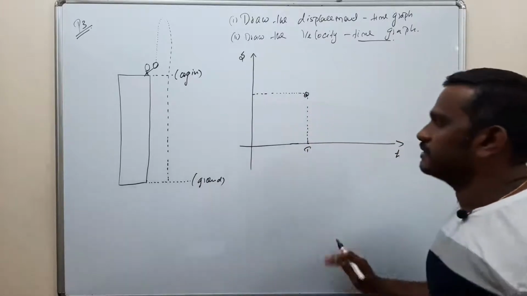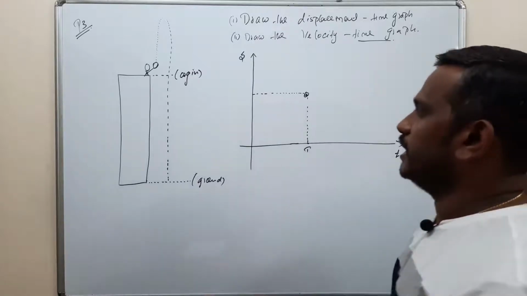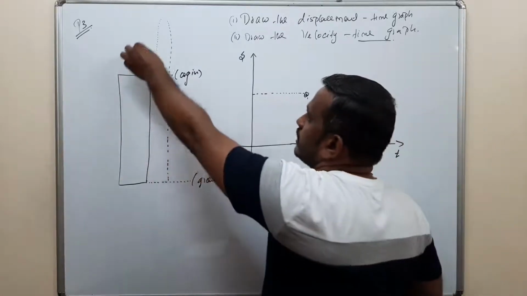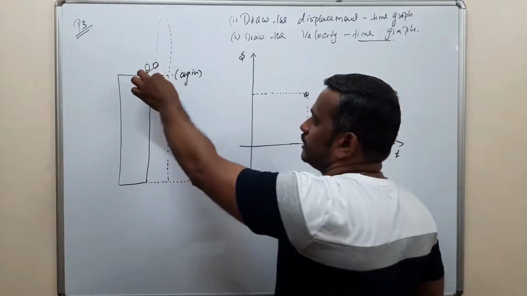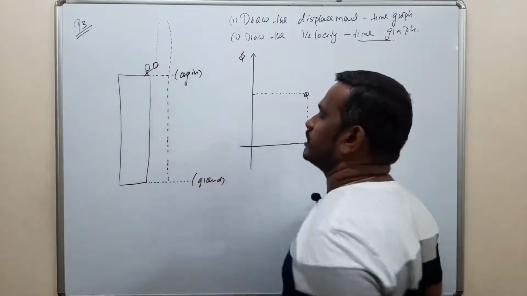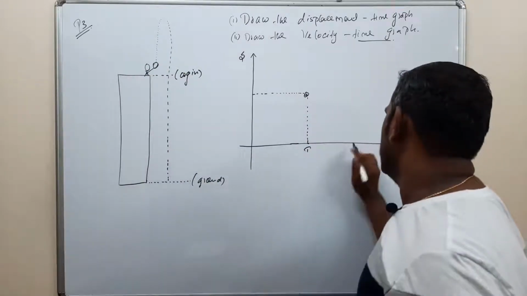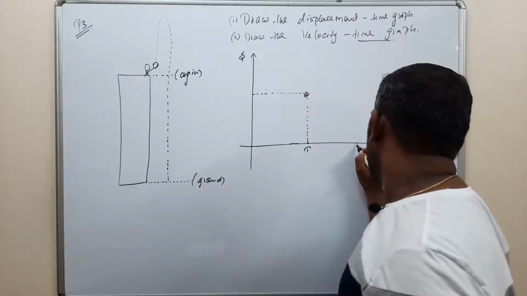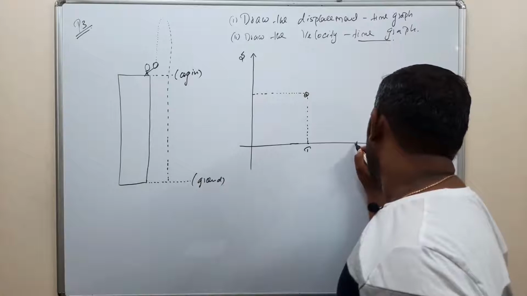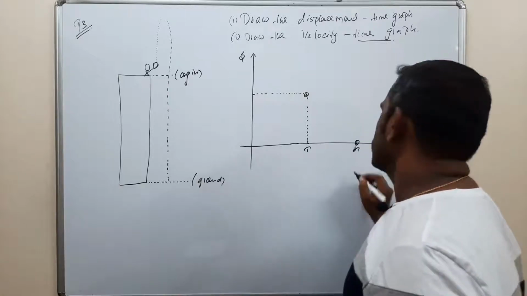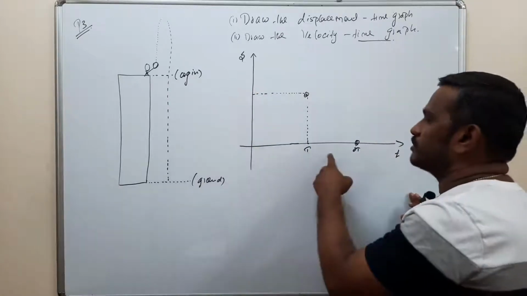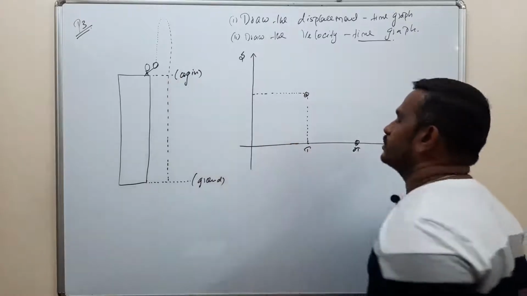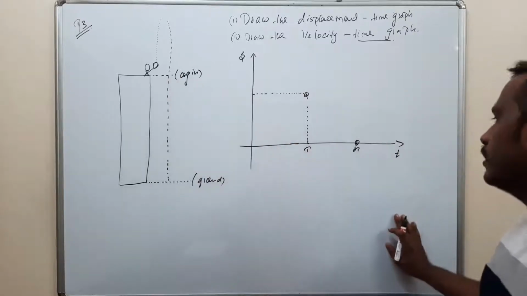When it reaches the original position, the origin, the point of projection, that is time 2t. At time 2t the displacement becomes 0, that is, it comes to the original position.